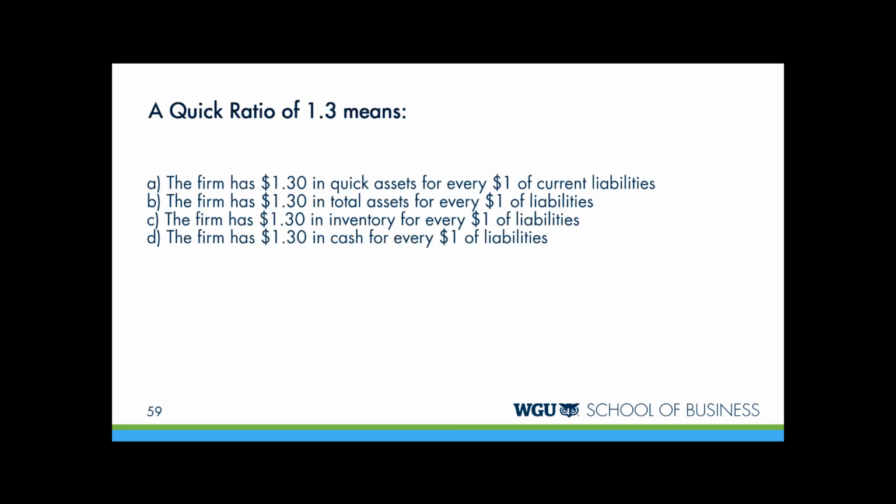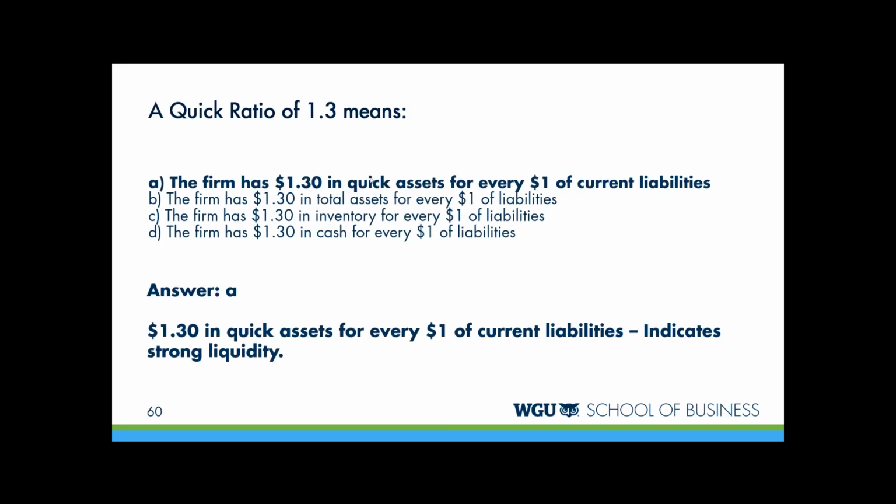What does that mean given the four options we have presented here? And the answer is A. We have $1.30 in quick assets for every dollar we have in current liabilities. So that indicates a pretty strong liquidity position.